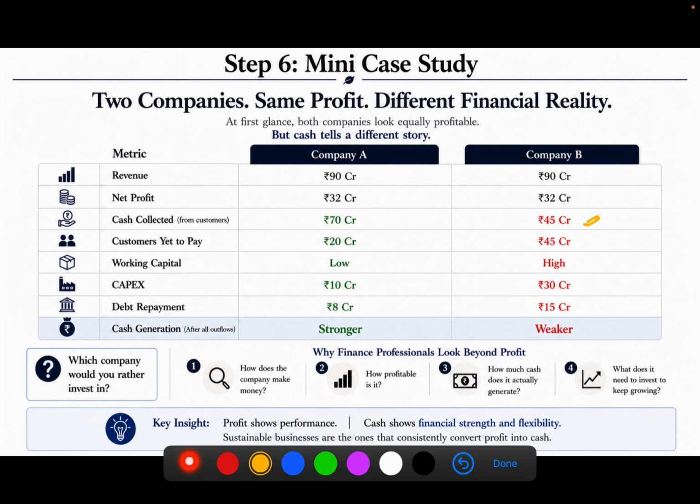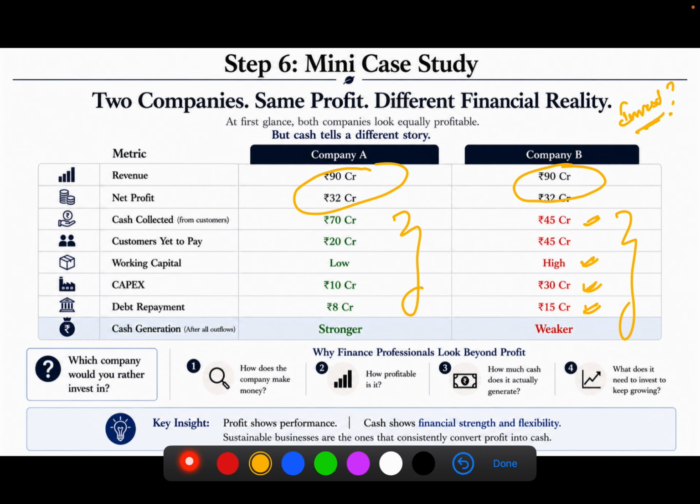Company B also has higher working capital requirements, higher capital expenditure, and higher debt repayment. So even though both companies report the same revenue and profit, the financial realities are drastically different. And this leads to one important question: which company would you rather invest in?